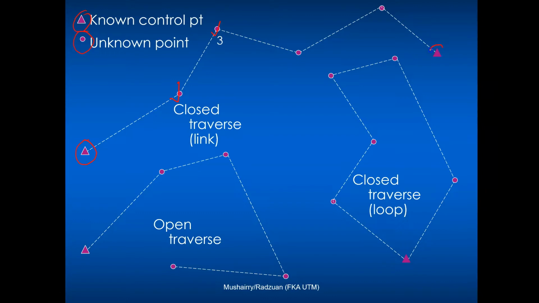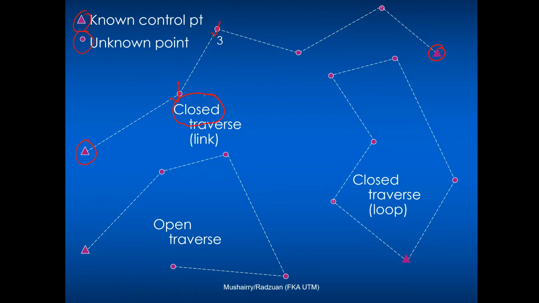Finally, you end your work at a known point, at a control point. So the top one is called a closed traverse.